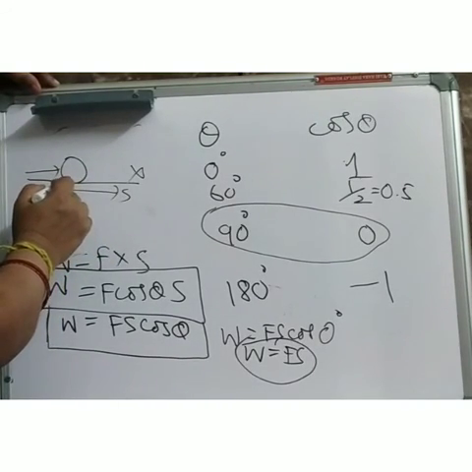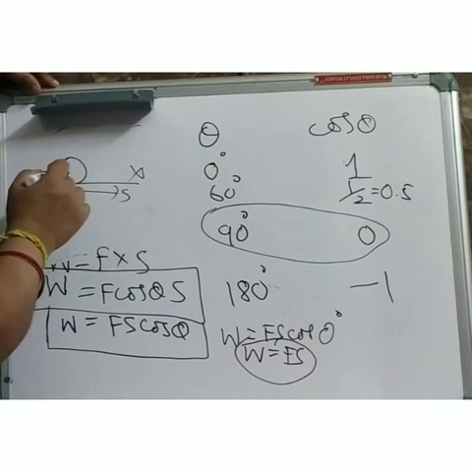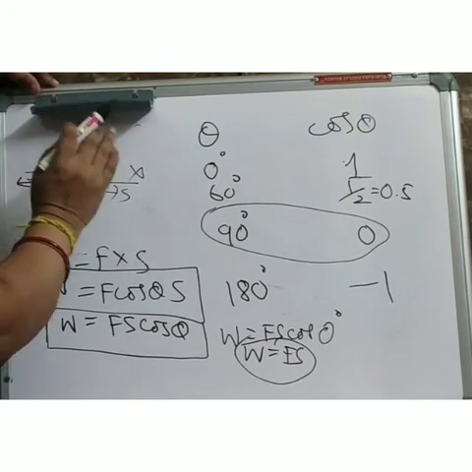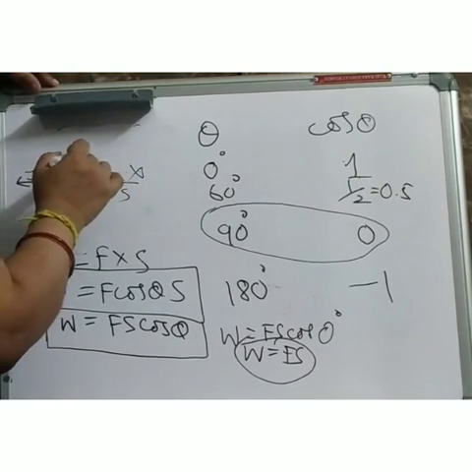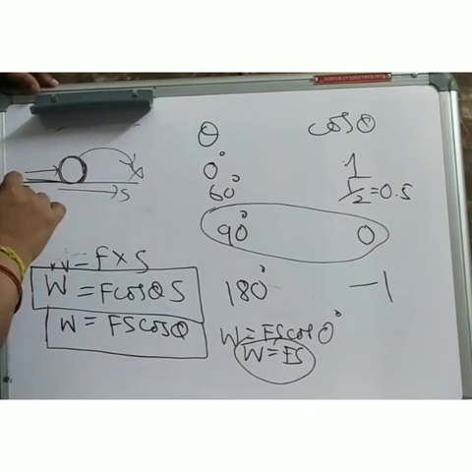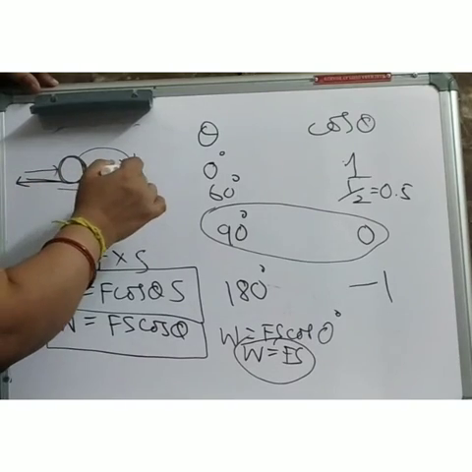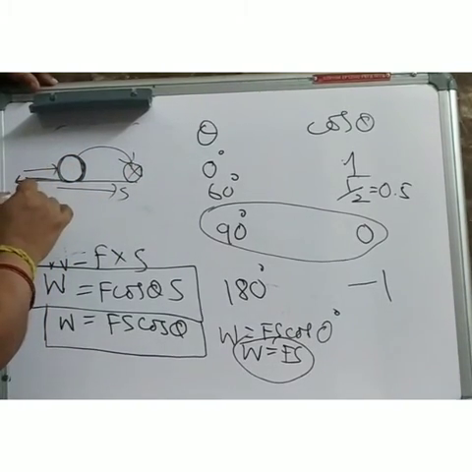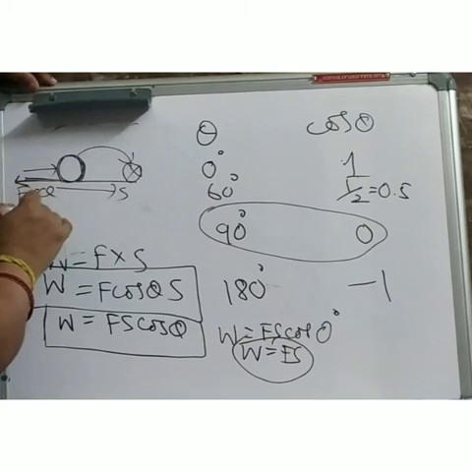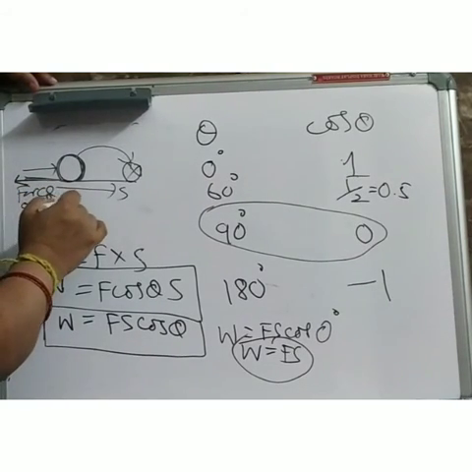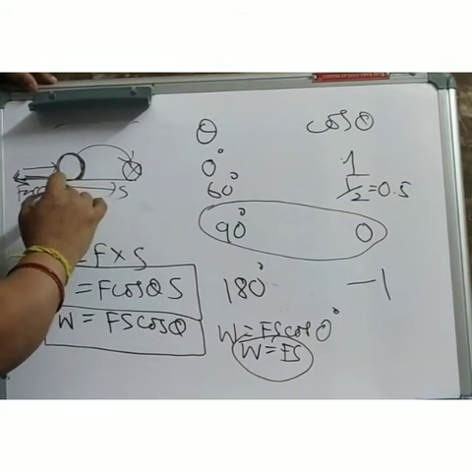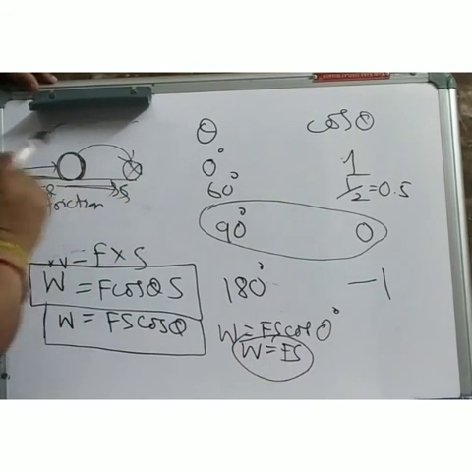That means some force in this direction. So the displacement of the ball finally comes to a 0 value. That means the ball will stop finally. Why? Because here the force of friction will act. So this is the direction of the force of friction. The ball is moving in this direction. See, it is completely opposite.